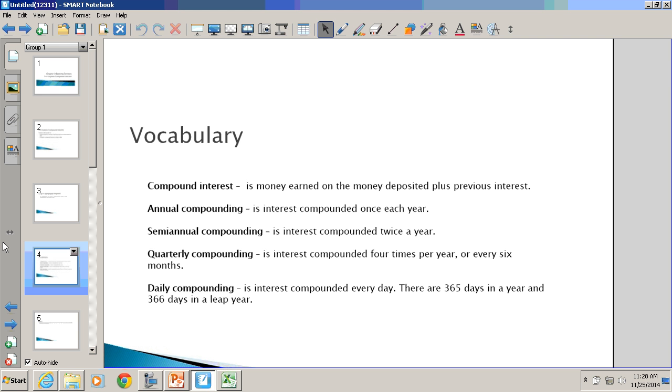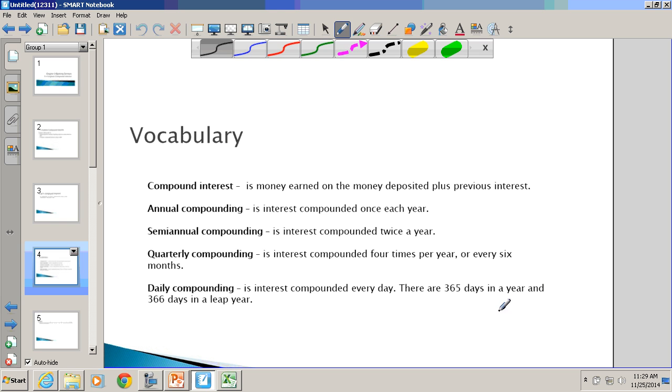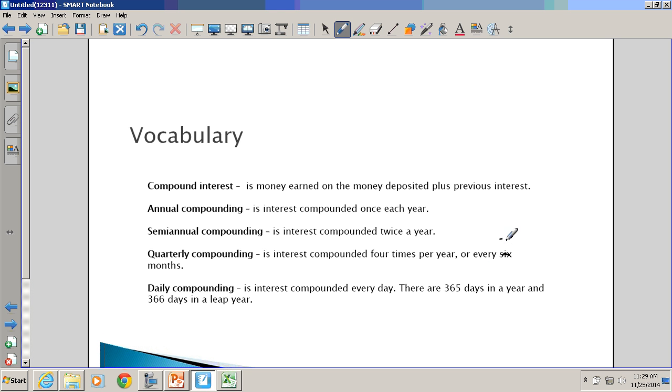Semi-annually would be computed twice a year, usually every 2 quarters, which brings me to quarterly compounding, which is every 3 months. I'm just noticing a typo in this. It should be every 3 months.